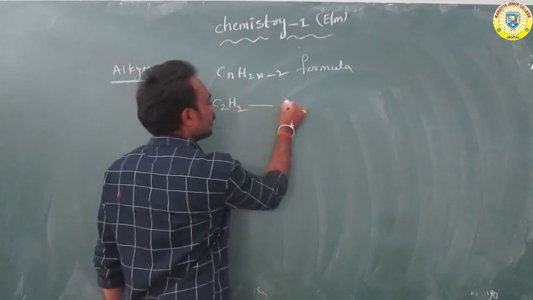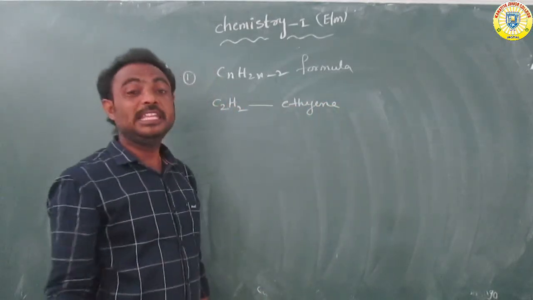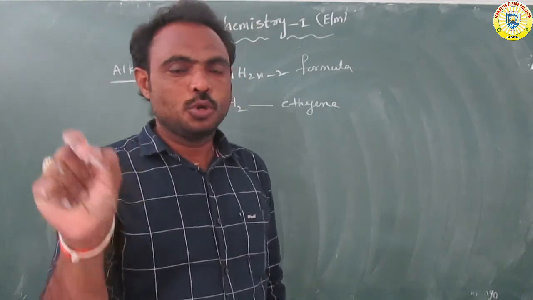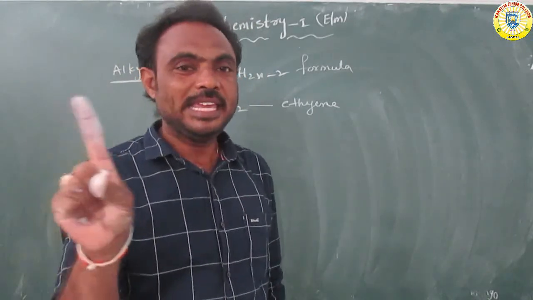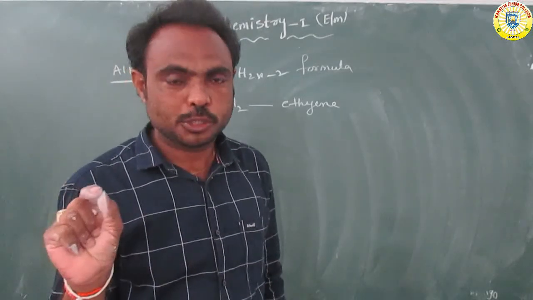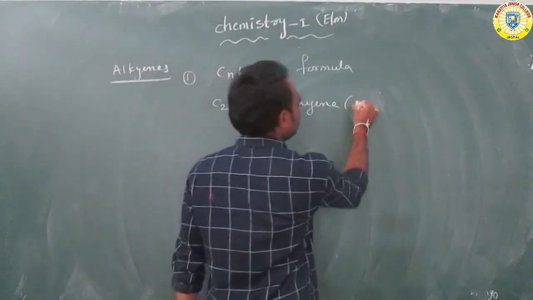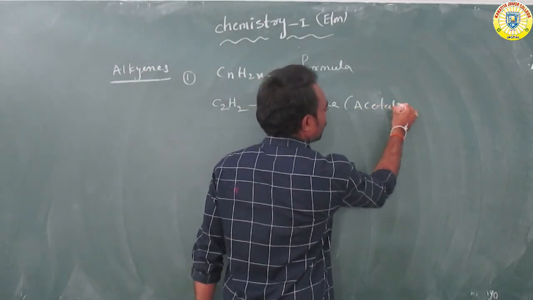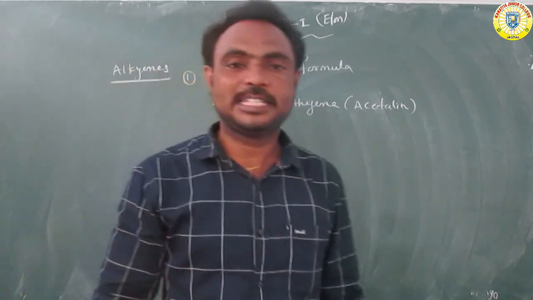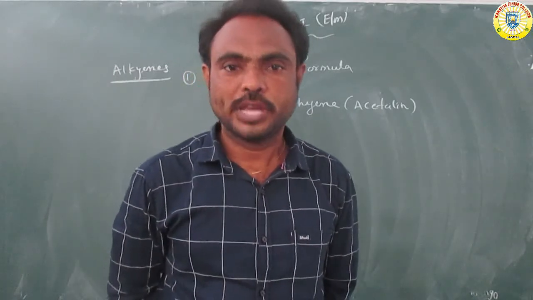It is ethyne, an alkyne. Two carbons is "eth", we already know that. So C2H2 is ethyne. It is also called acetylene. What is the formula of acetylene? C2H2.